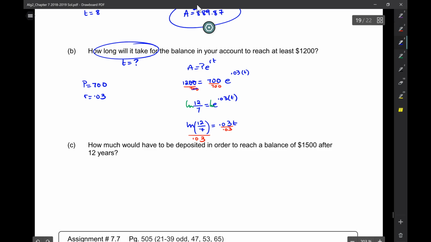So t is ln of 12 over 7 over 0.03. Okay, speaking of becoming the sophisticated math student, you have to divide this entire thing by 0.03. So make sure that fraction bar goes under the entire thing.